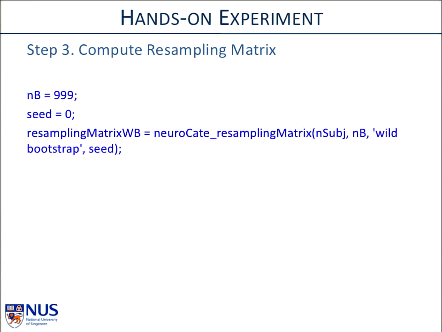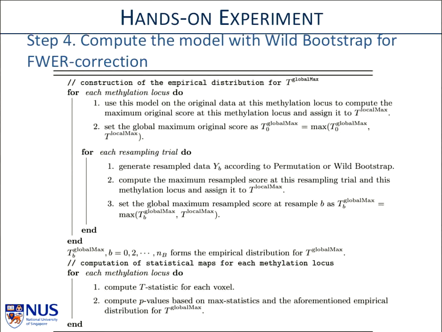And you will be able to use this function down here to generate those resampling matrices for your purposes. The next step is to compute the real model. If I use wild bootstrap with the family-wise error rate correction, then you have to really start the wheel and run it.